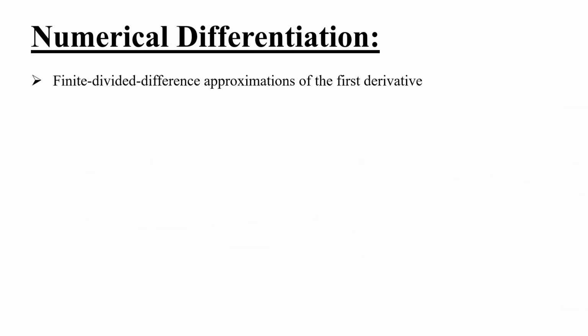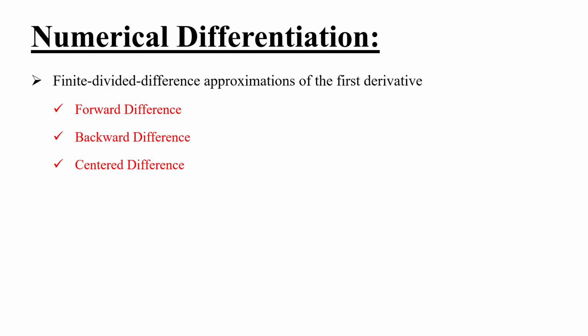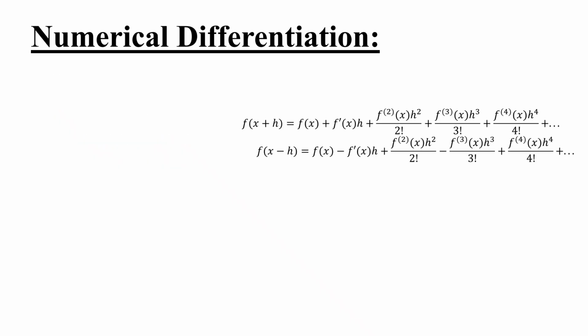Now, we will start with the finite divided difference approximation of the first derivative. So we will discuss forward difference, backward difference, and central difference. Based on this, we have to use the Taylor series.